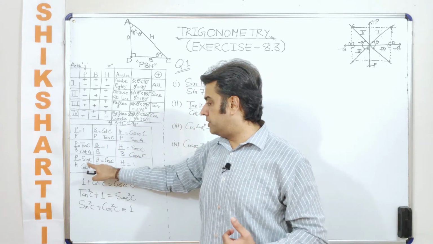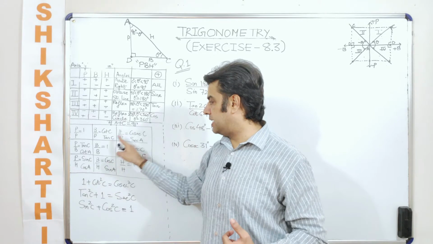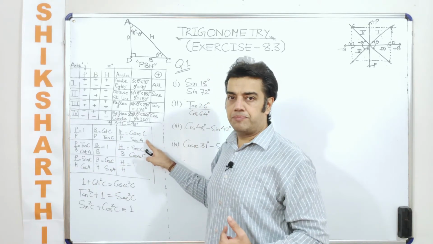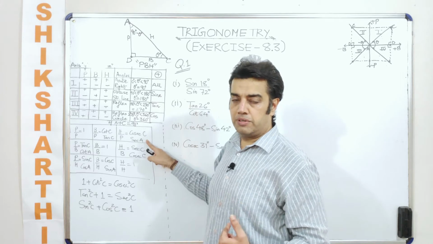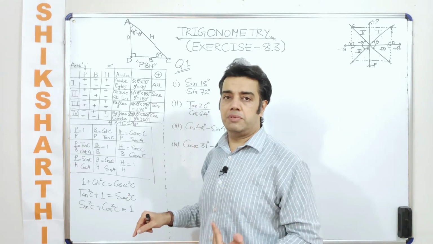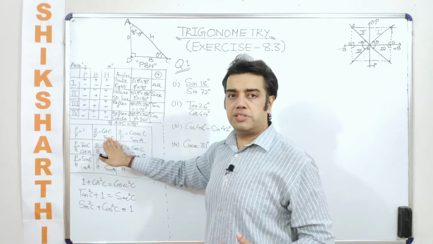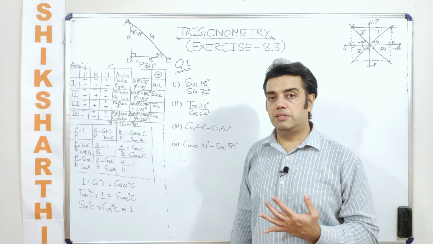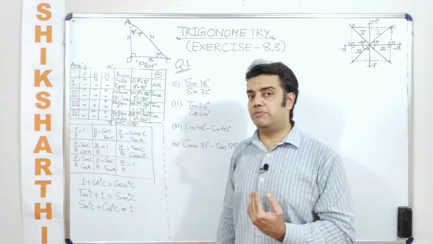From here you get sin C is equal to cos A. At the same time, cosec C is equal to sec A. Very important, and you do not have to mug it up. This PBH concept is something that we did in part 2 of trigonometry, so do see that video.